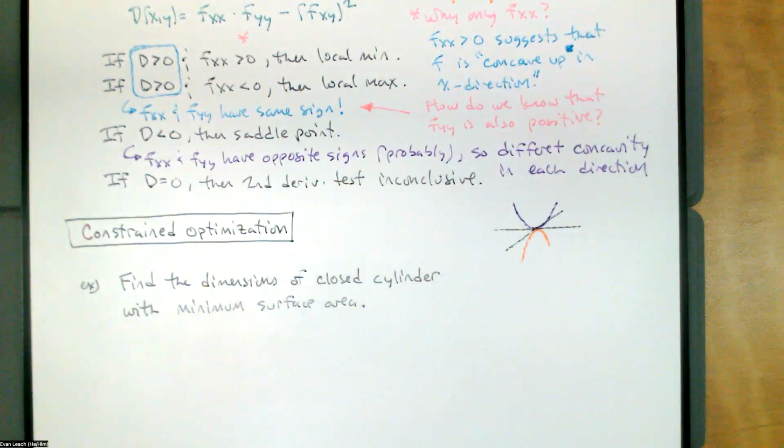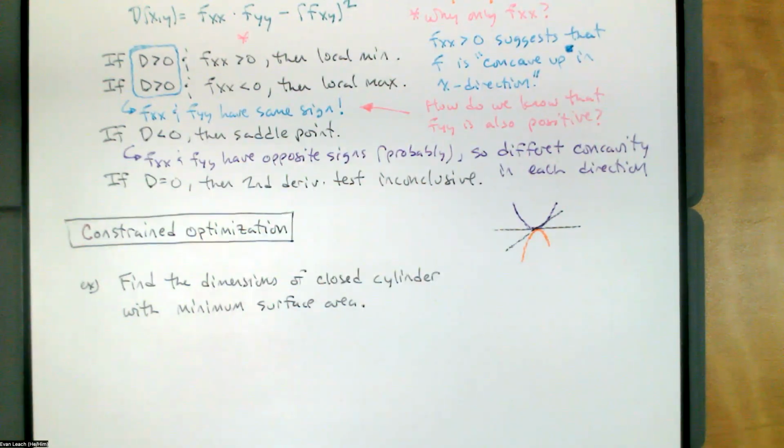Now, if we just look at this statement, it doesn't make any sense. Find the dimensions of a closed cylinder with minimum surface area. That's not enough, because I'll just make a cylinder with surface area of 0 by not building a cylinder. So we want to put some kind of constraint on this.